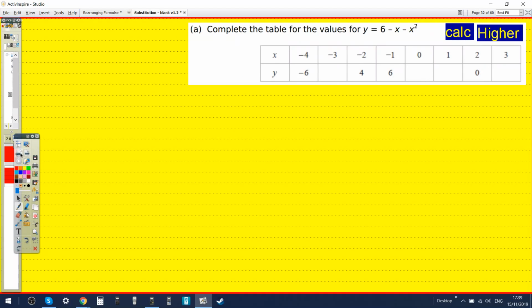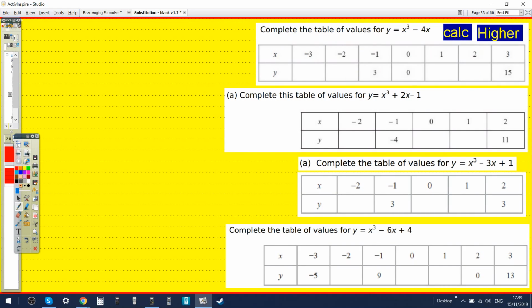Especially for a question like this, with a minus x and a minus x squared, and you have to sub in minus 3, it's very likely something's going to go wrong, but once you're using the calculator. So this one's cubic. Okay.